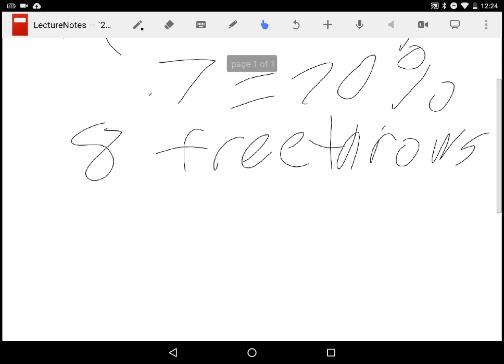So probability of random variable x. We'll call x the number of free throws made. So the probability x equals 6.